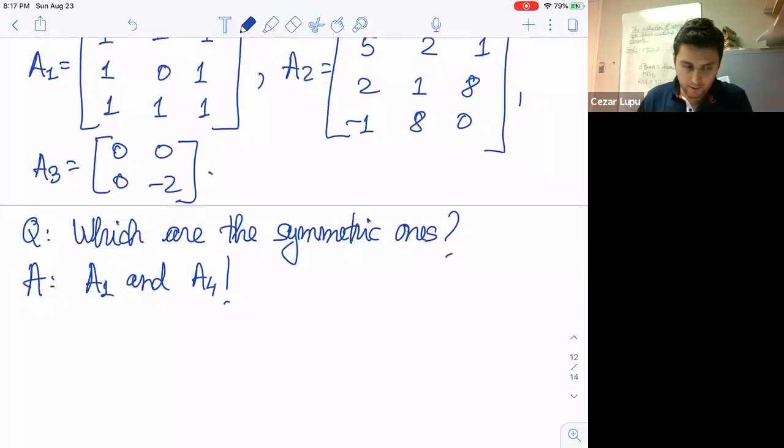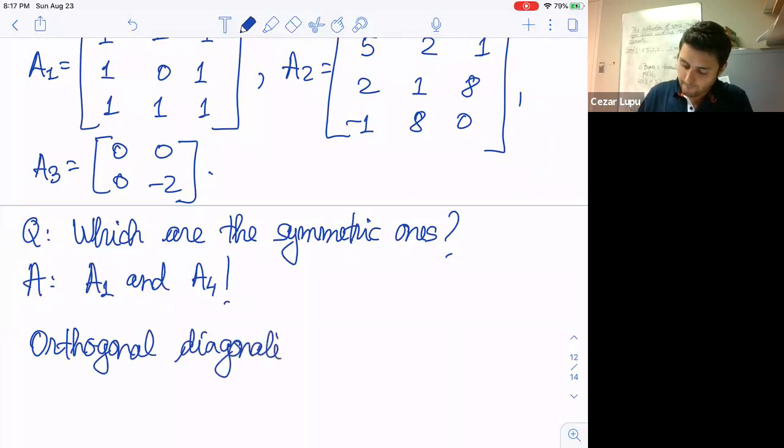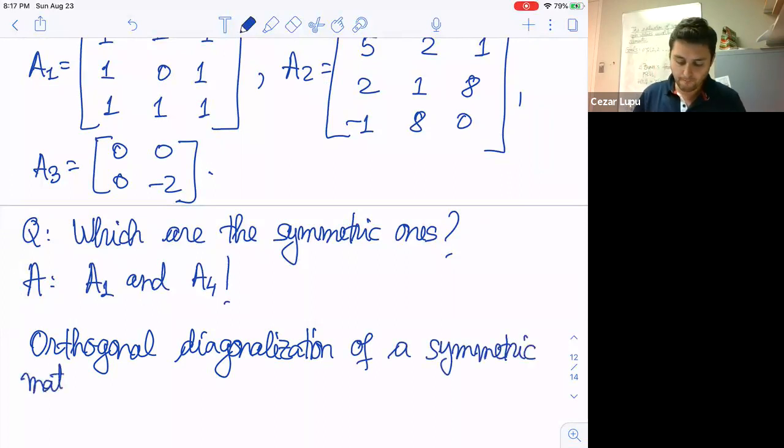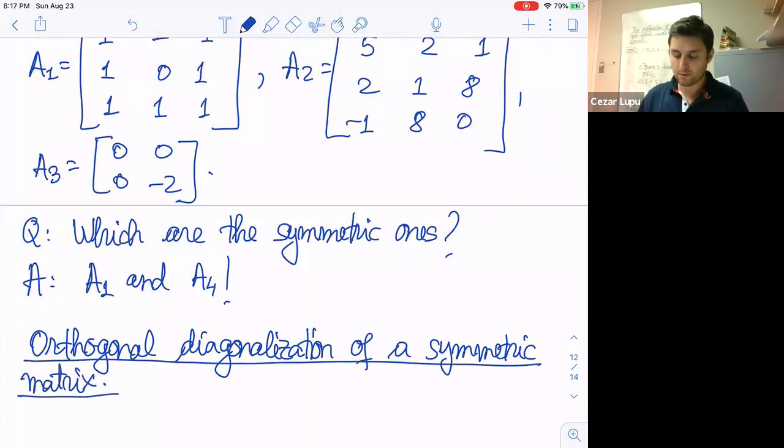And we will talk about the orthogonal diagonalization of a symmetric matrix. Then we'll see some examples of this.